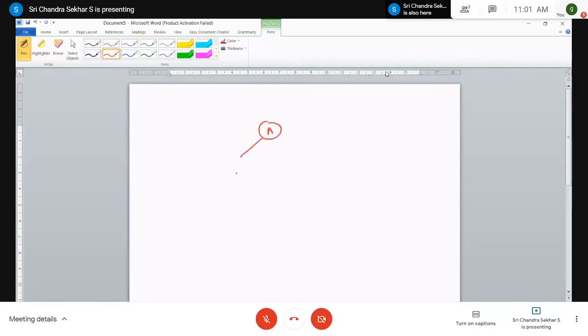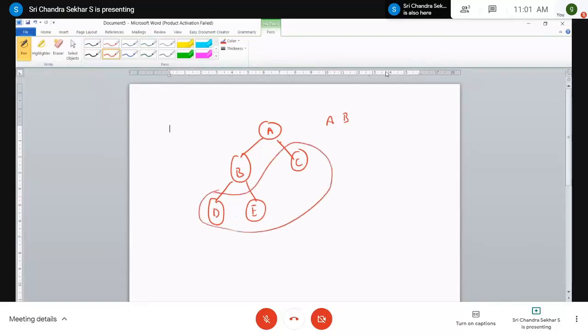This is A and this is B and this is C, this is D and this is E. According to the definition of full binary tree, the internal nodes such as A and B are having 2 children. A is having B and C as 2 children and B is having D and E as children. And the leaves D, E, C are having 0 children. It is satisfying the property of full binary tree. Therefore, this is a full binary tree.